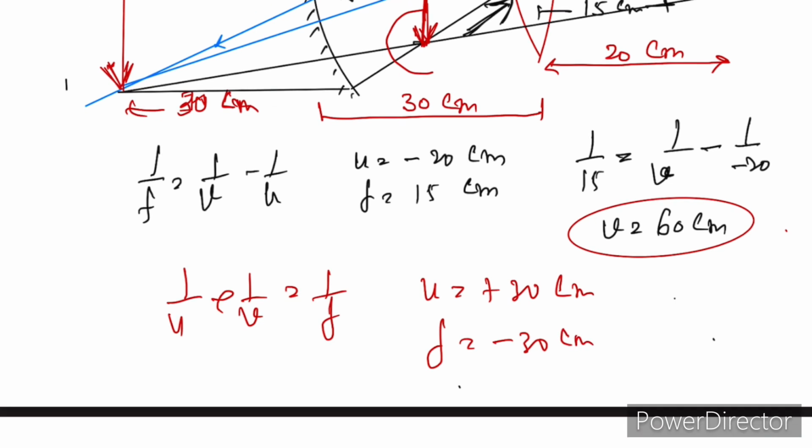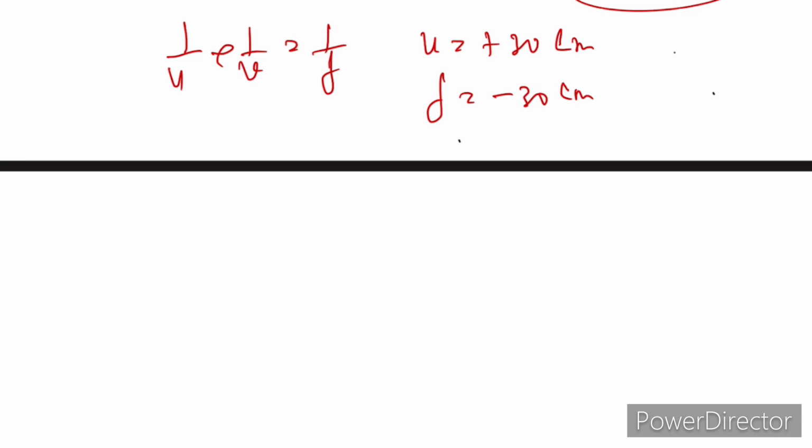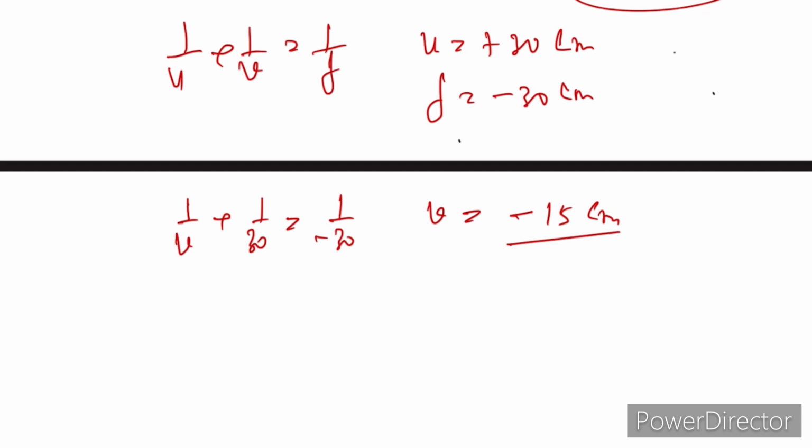So if we put the values here, then what will be there? This will be like this: 1 upon 30 is equal to 1 upon minus 30, and this will give you V as minus 15 centimeter.